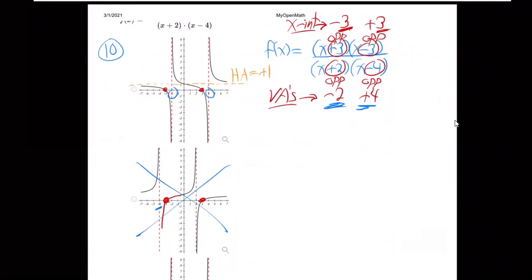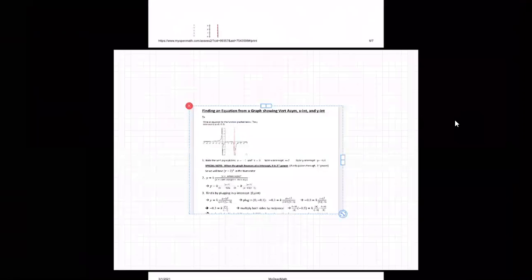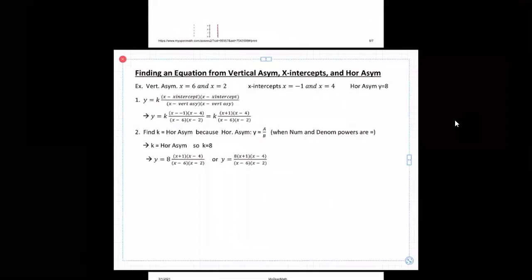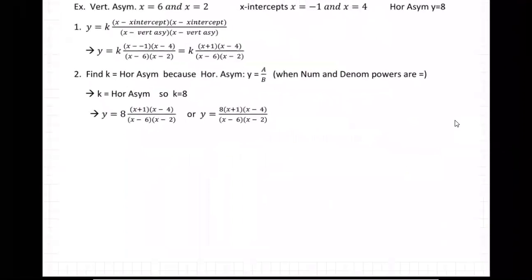Well, the horizontal asymptote, I don't know if you remember, is the number in the front. So that's in your notes. Let me show you on your notes, if I can find it. Maybe it's here. Yeah, here it is. So right here, K is your horizontal asymptote. K is the number in the front of the equation.